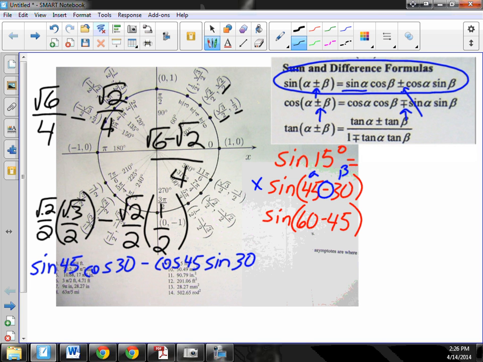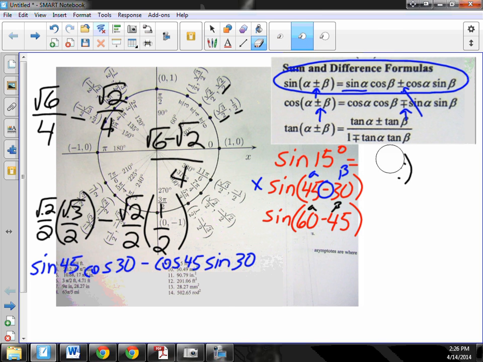Now I'm going to do the same thing using a different set of angles. So I'm going to change my alpha to 60 and my beta to 45. Sine of 60 is... wait, did I do that right? No, hold on, I screwed something up. Sine of 60, I did that backwards.